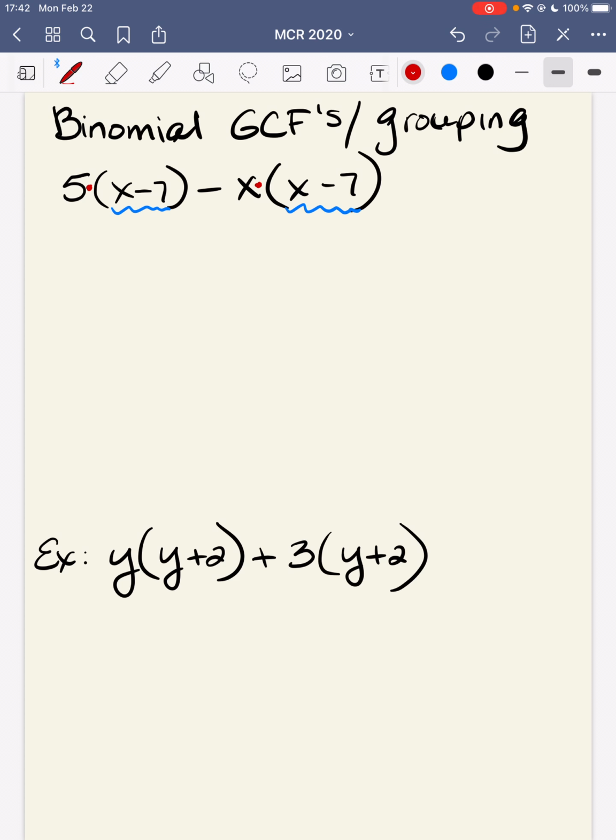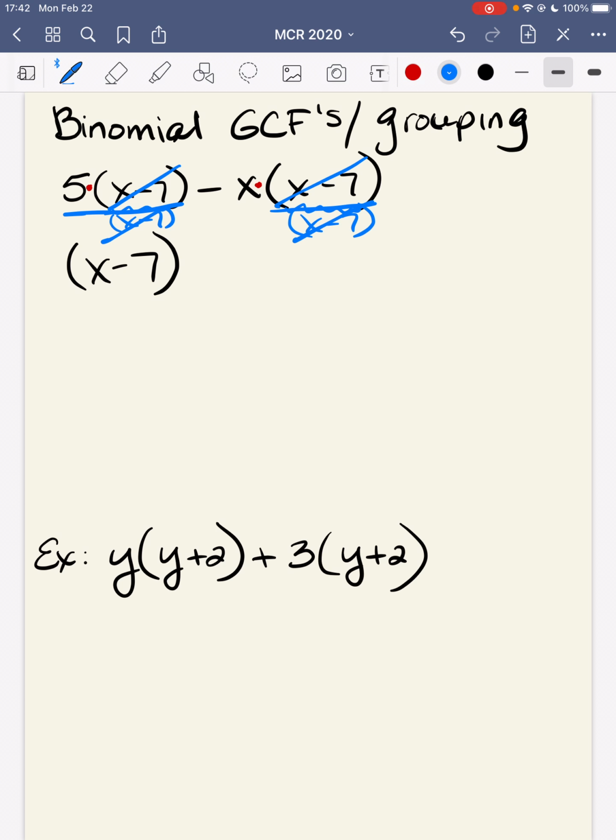And when we pull them out, I like to put it in the front. And you still need to use the same set of parentheses. All right? So when we take those out, or for those of you that need to see it, when we divide this by x minus 7, these are going to cancel out.